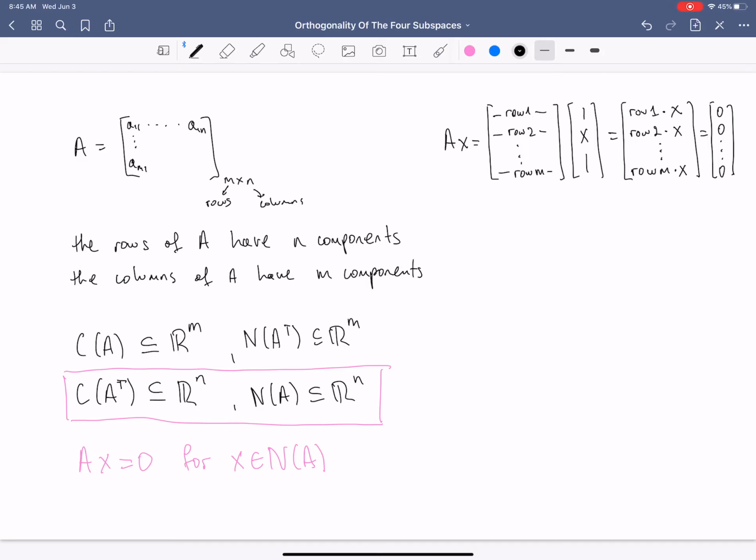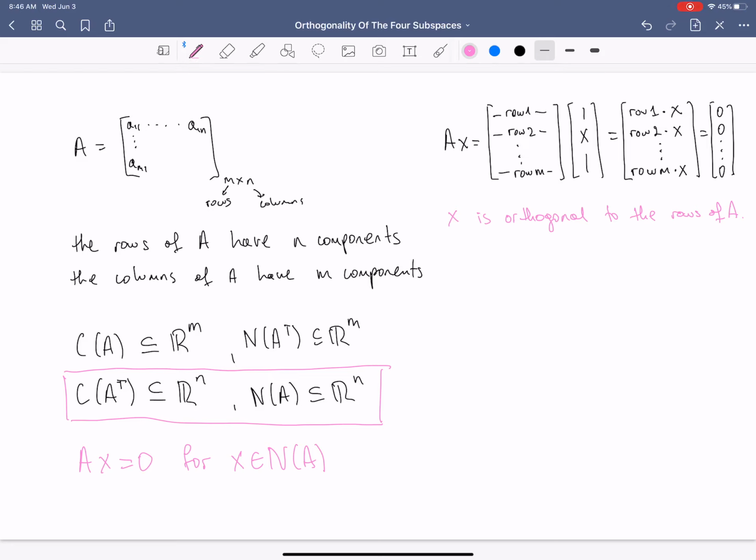So whenever you have A times x is 0, it means that that x must be orthogonal to the rows of A. So we have x as a vector orthogonal to the rows of A. Now, we just took an x in the null space. We didn't pick any particular x.